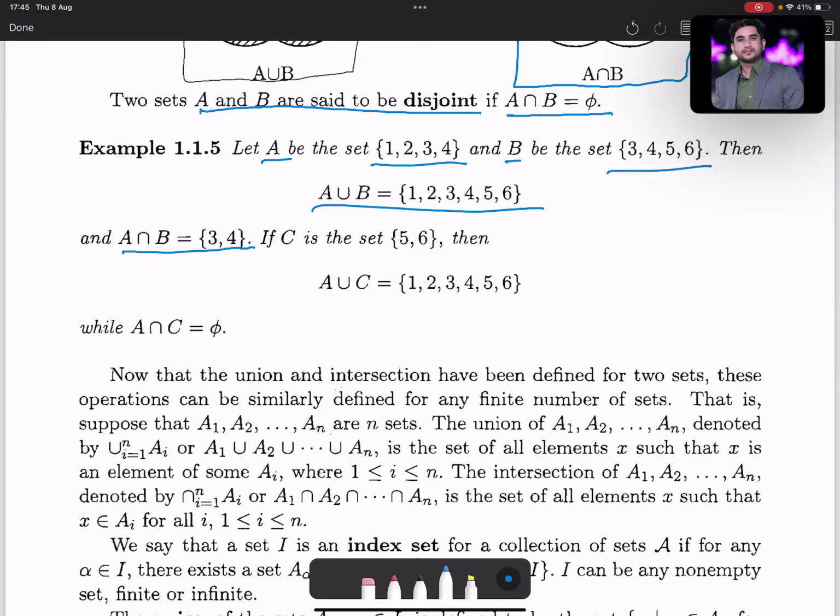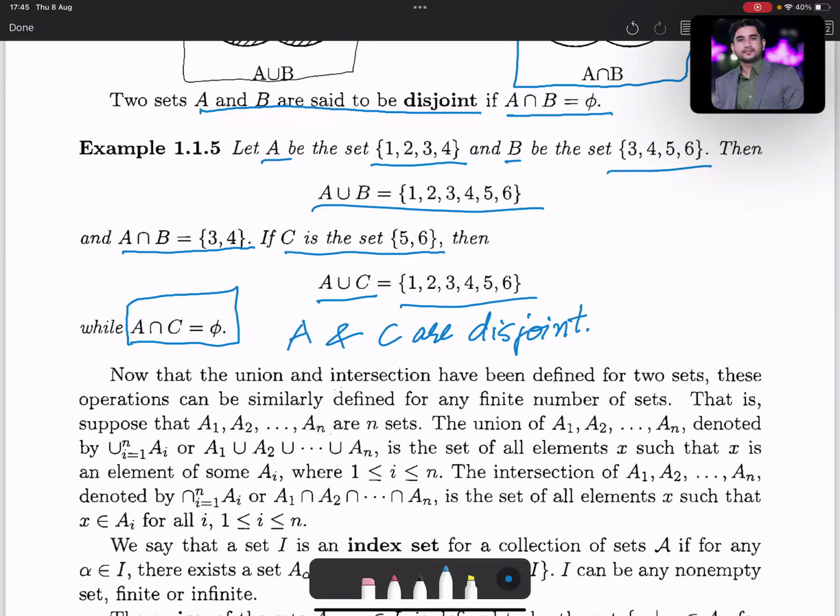Intersection is 3 and 4 only. And if C is this set, then A union C is this one, while A intersection C is phi. So A and C are disjoint.